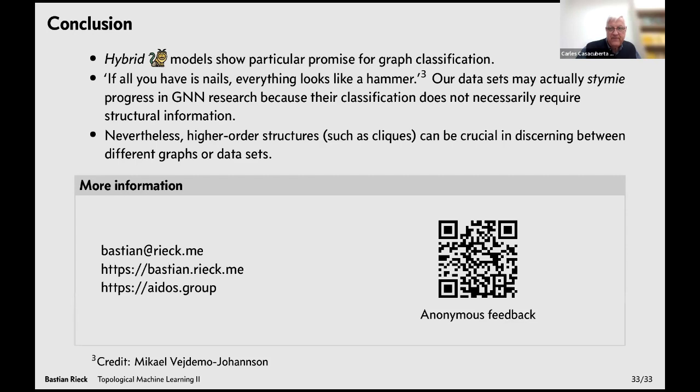Bastian, one of the attendants, Bertrand Miquel, asks for any summer school or congress related to the topics that you explained, or in general about topological deep learning applications. Yeah, unfortunately, there's not a dedicated summer school yet.